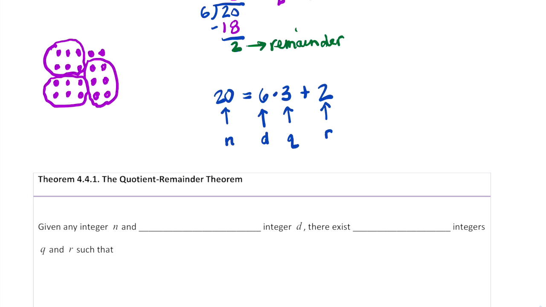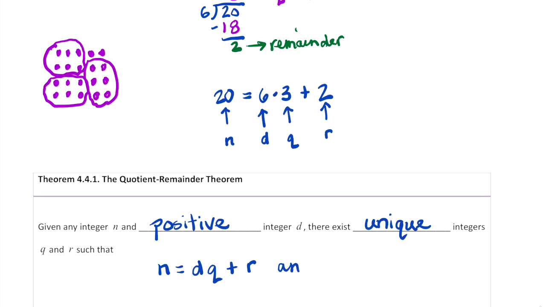Given any integer n and positive integer d, there exist unique integers q and r such that n is equal to some divisor times some quotient plus a remainder r. Uniqueness is one important part of the theorem.